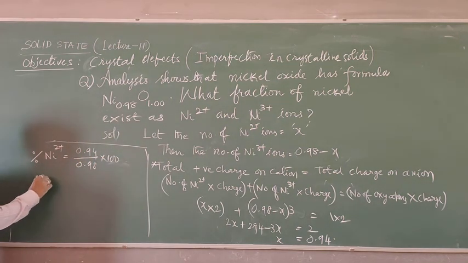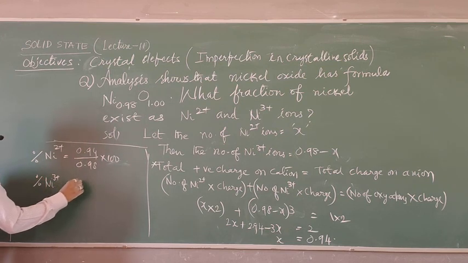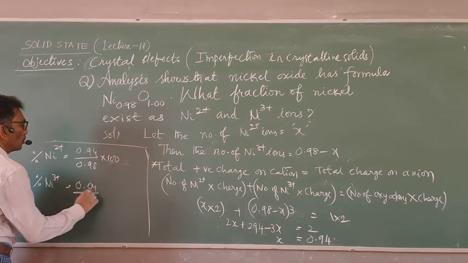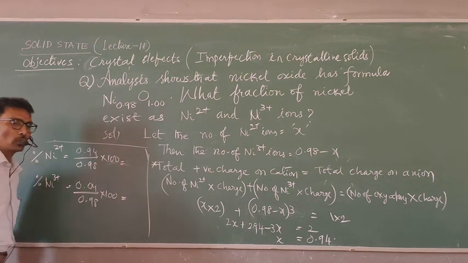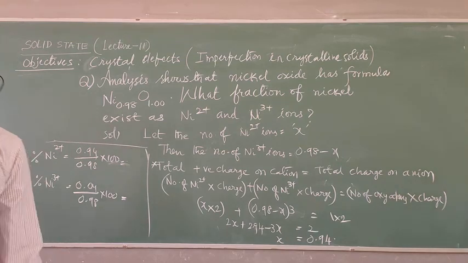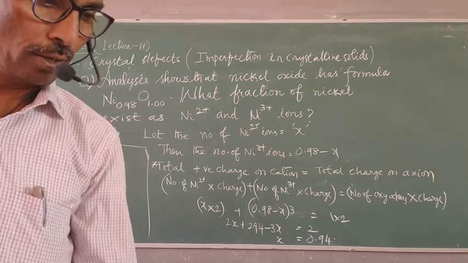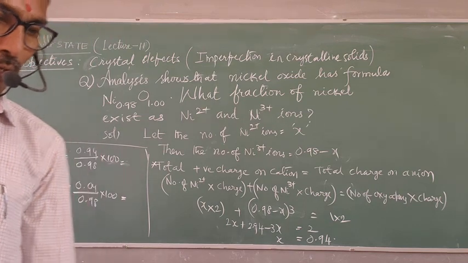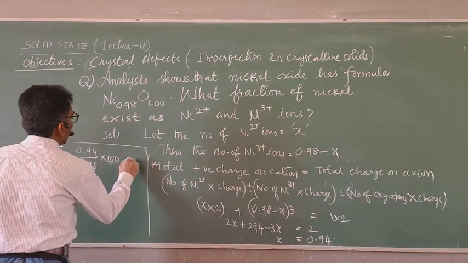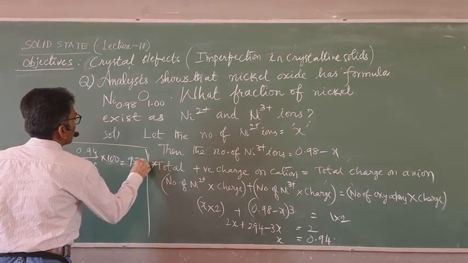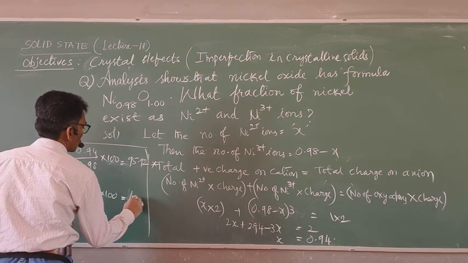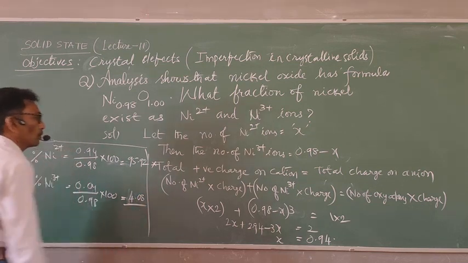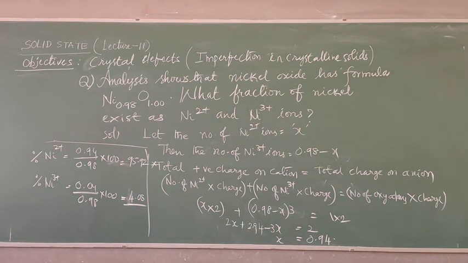Second one, percent of nickel 3+ is equal to 0.04 by 0.98 into 100. As you are very good in mathematics, the final answer is to be copied from here, that is 95.92, and 4.08. I hope you followed this model, and one more problem will be solved with your great cooperation.